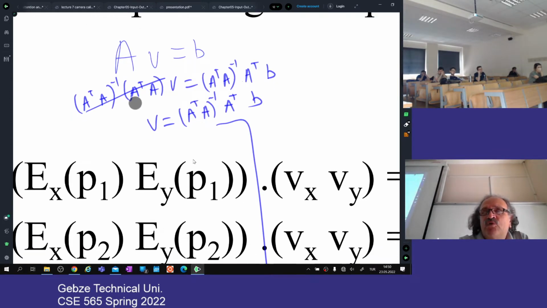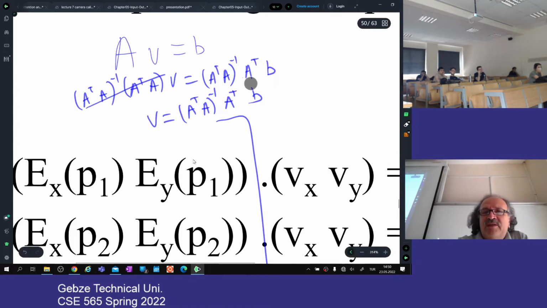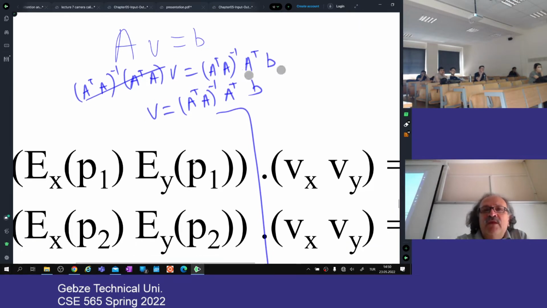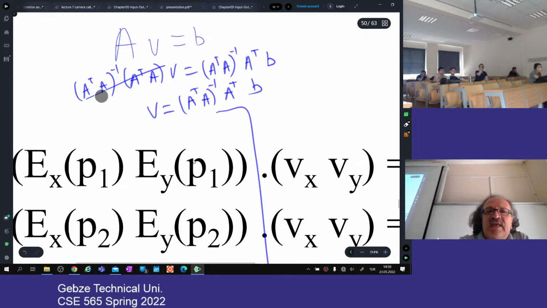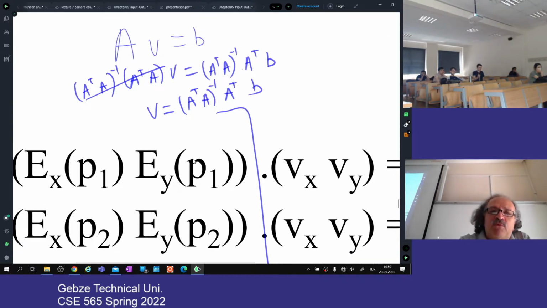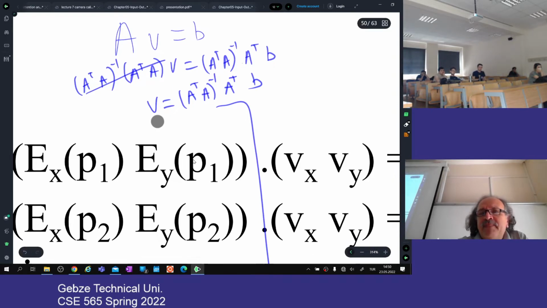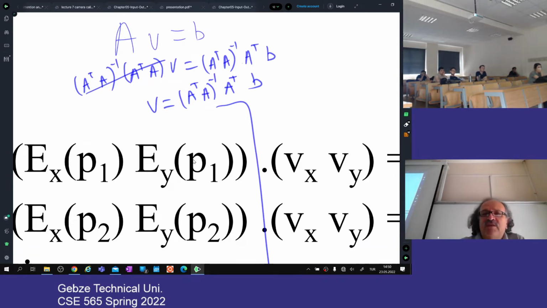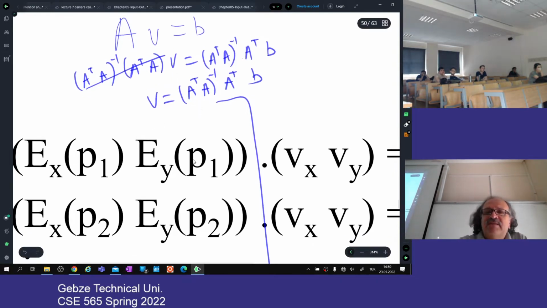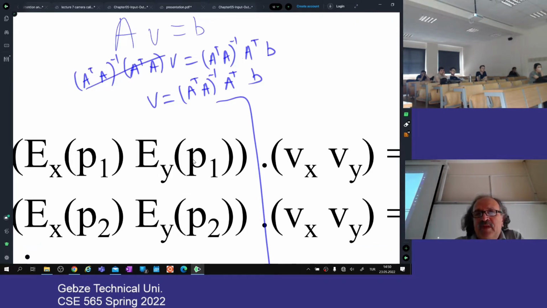So 2 by 25 times 25 by 2 makes a 2 by 2 matrix. So it's a square. Of course I multiply the other side with AT too, and I take the inverse of this ATA and multiply both sides by it, and I get my V. So it is (ATA) minus 1 times AT times B is my solution.